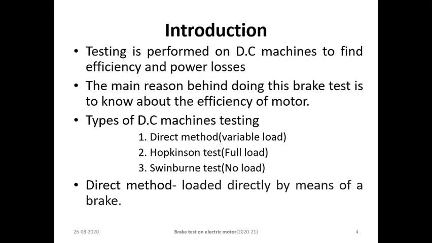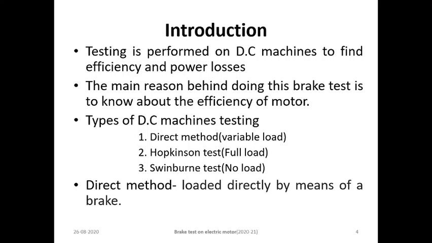And efficiency is a very basic parameter in a motor which tells you the performance of the motor. Efficiency is nothing but the performance of the motor at variable speed and variable load. At variable load and variable speed, how much efficiency your motor is giving. So that's why the brake test is done on the DC motors. It is done on DC shunt motor, DC series motor, and etc.